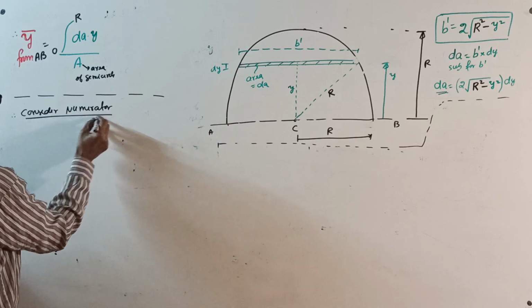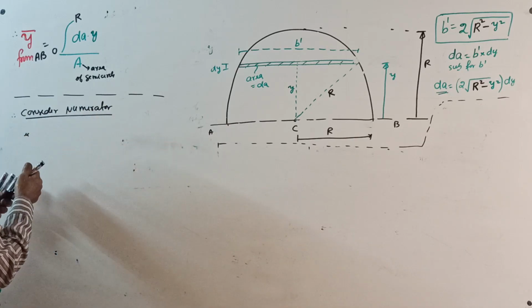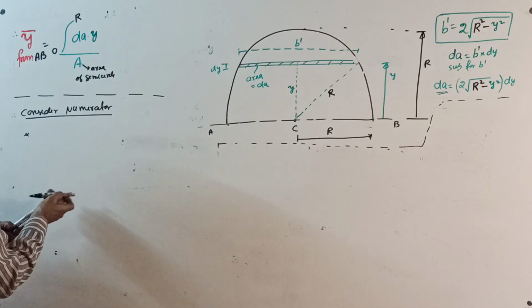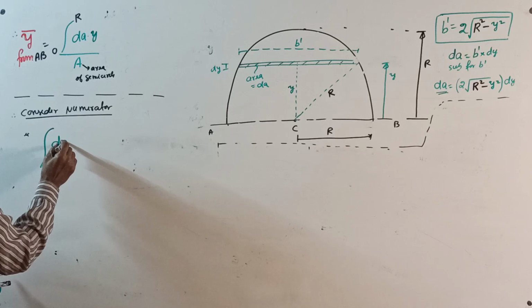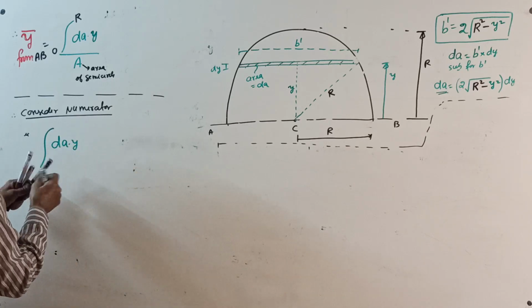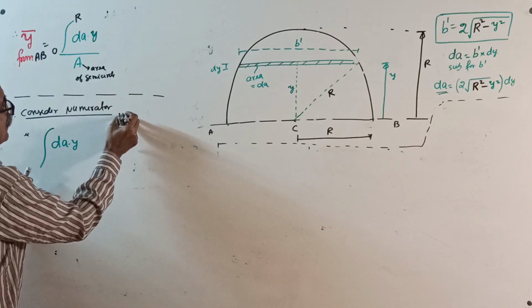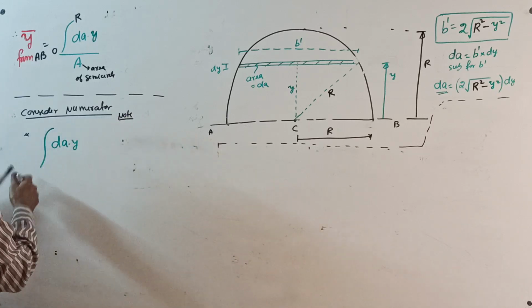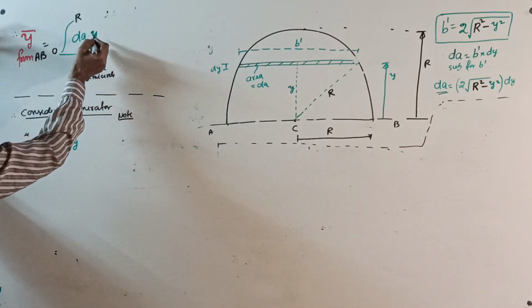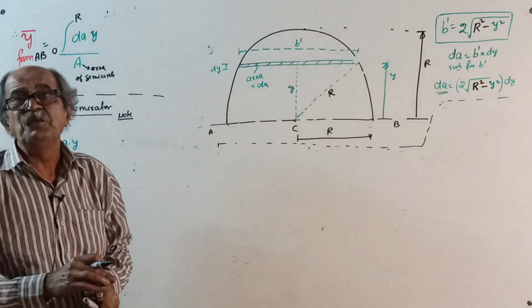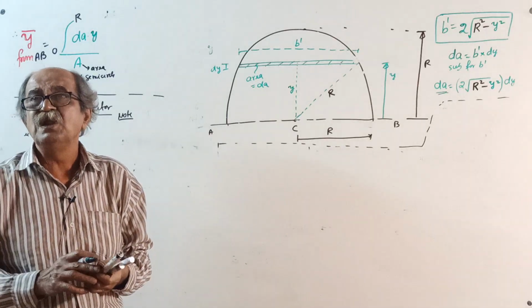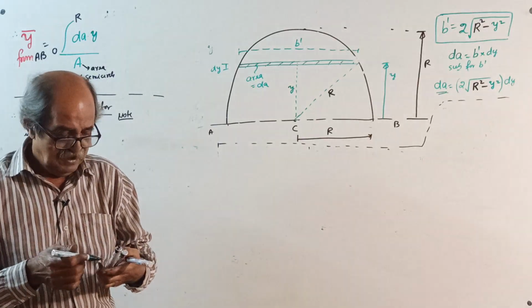Do one thing. The numerator is the integration of dA into y. Make a note here. It is actually the integration from 0 to r, when the variable is y. But we are changing the variable to some other variable now, by the method of substitution.